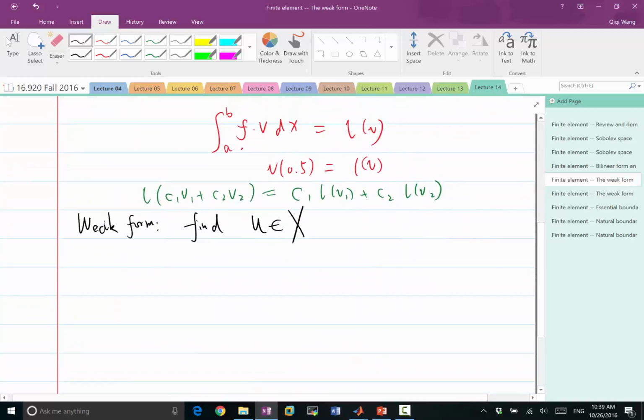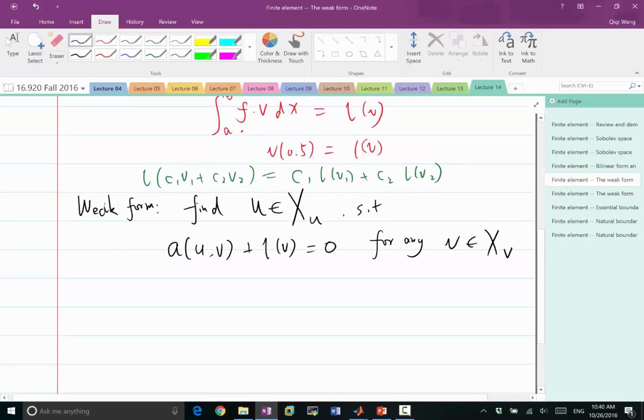So find U in XU such that A of U, V plus L of V equals 0 for any V in this space XV.